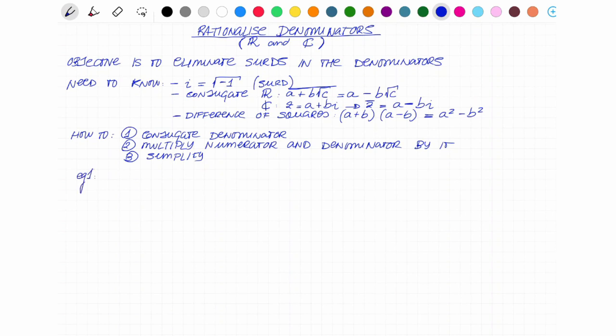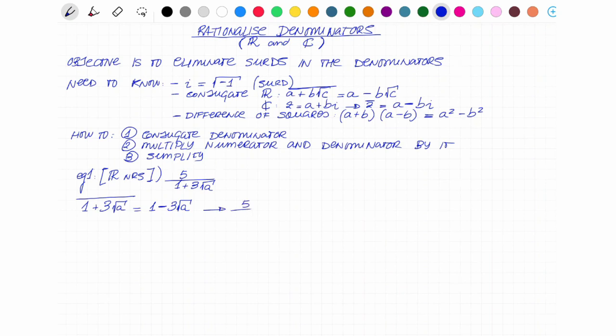Now let's see that in an example, first with real numbers. They ask us to rationalize this: 5 over 1 plus 3 root a. Now I need to look at the denominator. It doesn't matter what I see in the numerator. The conjugate of that is to keep everything the same, and instead of a plus, you put a minus in there.